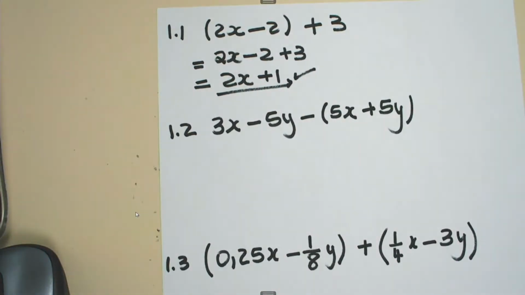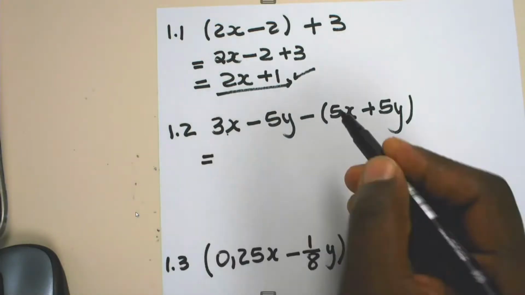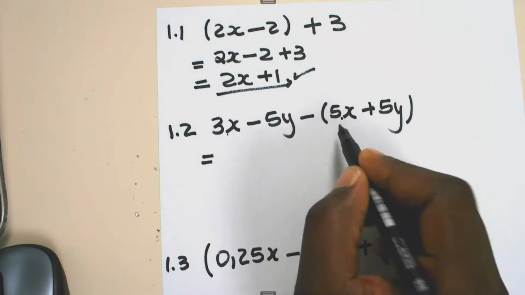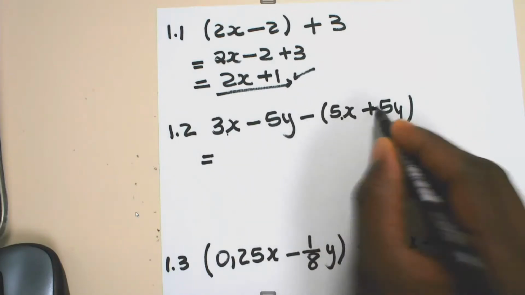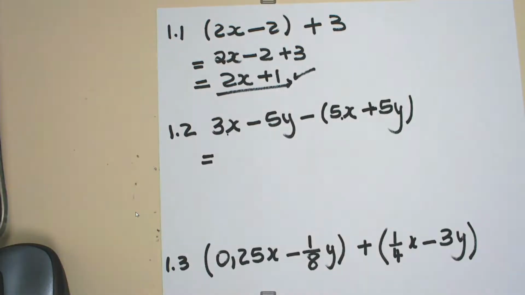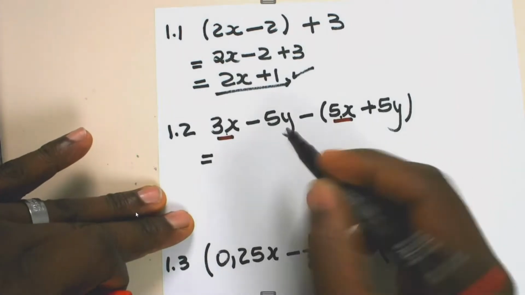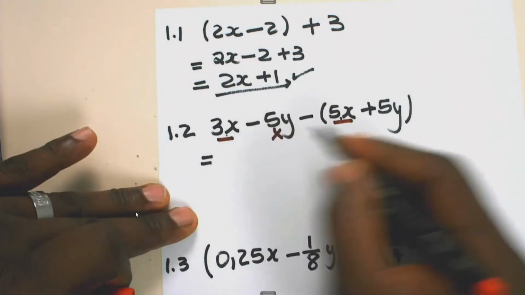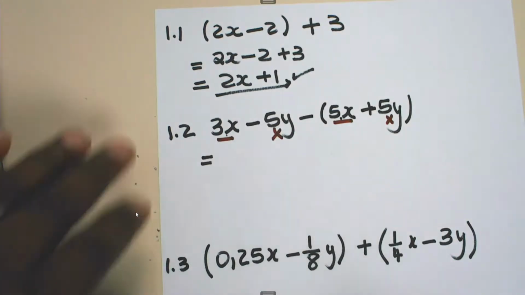All right. And then the second one is 3x minus 5y minus 5x plus 5y. In this case, you start identifying the like terms. Can you see there? There are like terms there. And also this one and this one are like terms. So you can do the following.